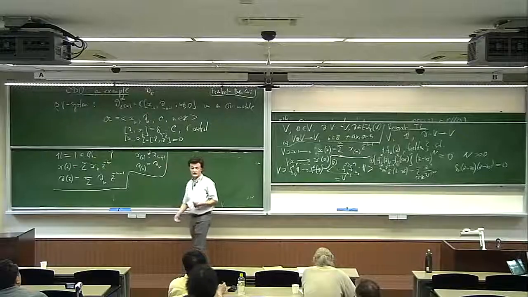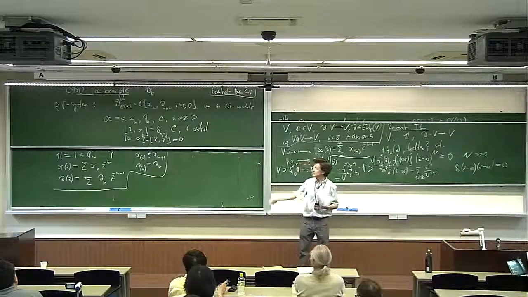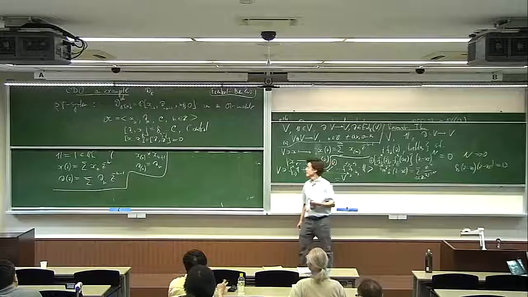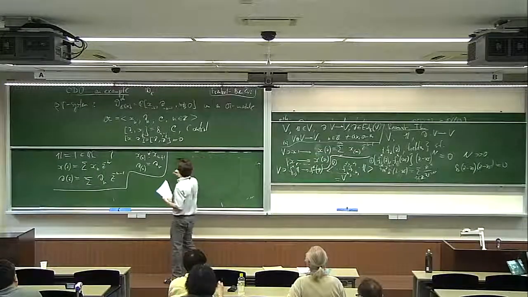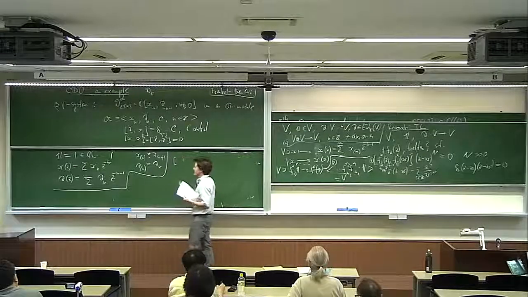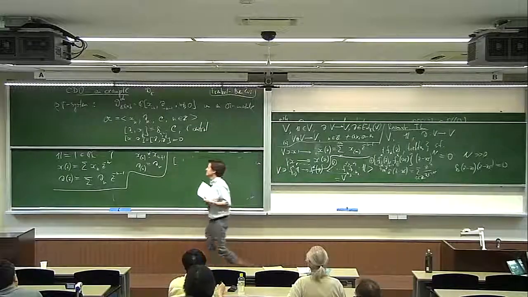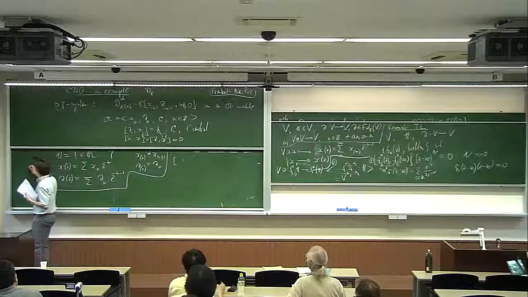It's just a statement that the polynomials are multiplicatively spanned by the variables. As to the locality, I have just two fields. Yeah, there is D.